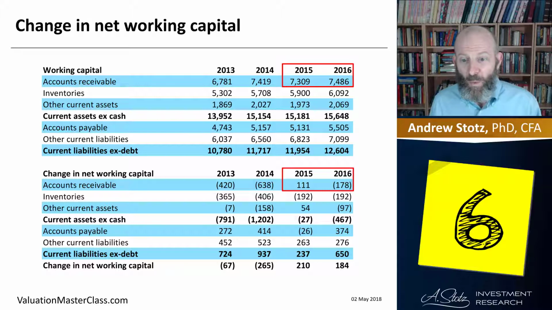We can see below minus 178. And if we add these up, we can get to the bottom, change in net working capital, which is 210 and 184. Those are positive items in those years, but in prior years, they're negative items. So it's the change in working capital that matters for forecasting in valuation.